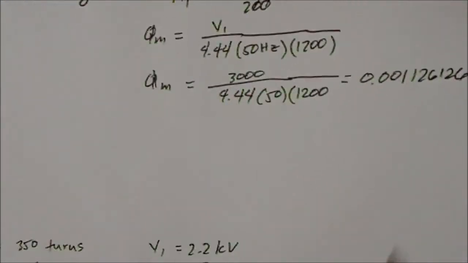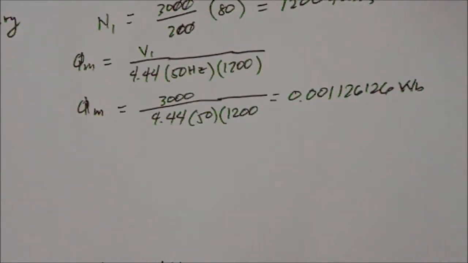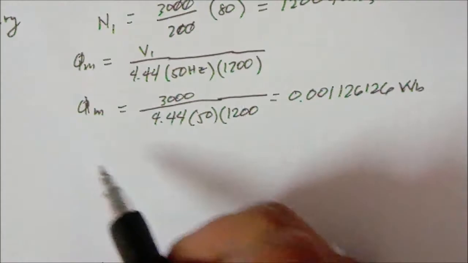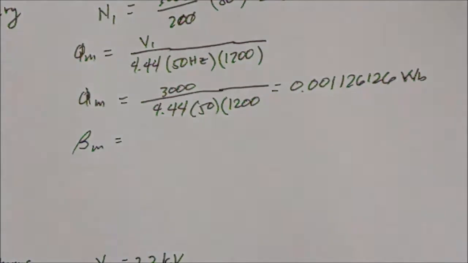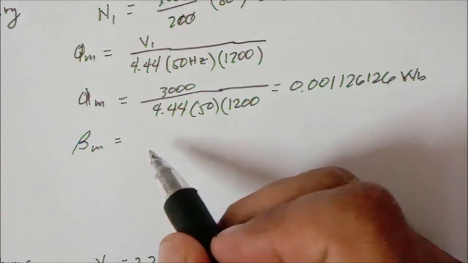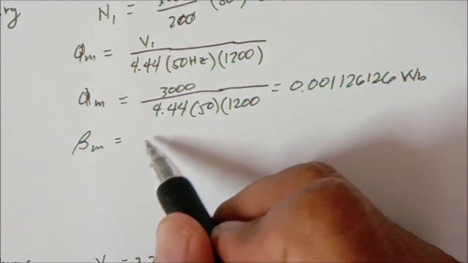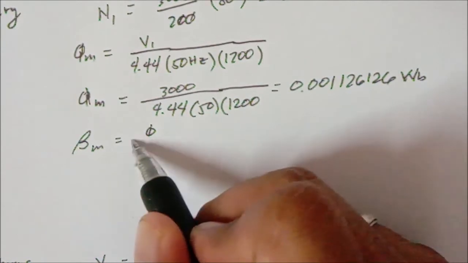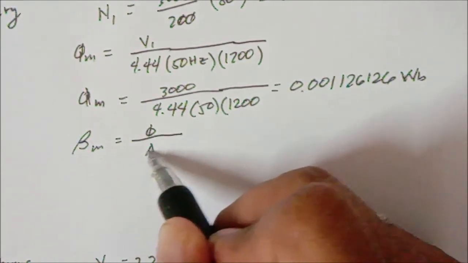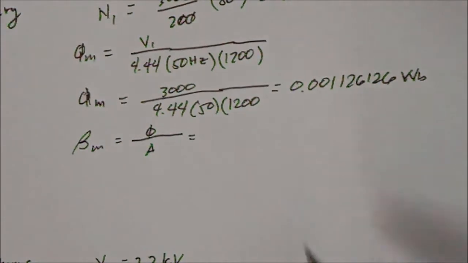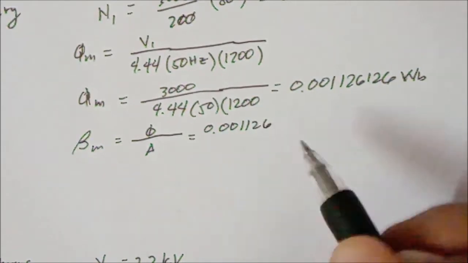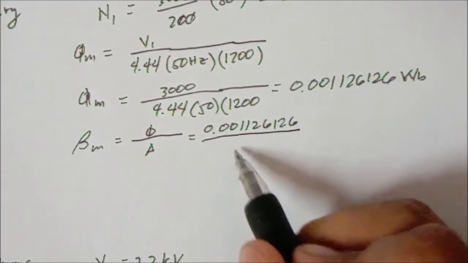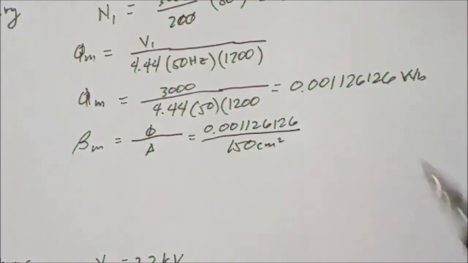So, ang inaalam po natin ay yung ating flux density. Maximum flux density. So, para malaman natin si flux density, ang ginagawa lang natin dyan, ang ating flux, di-divide natin ng area. So, given naman yung area, so, compute na lang natin, 0.001126126 divided by 150 cm squared.